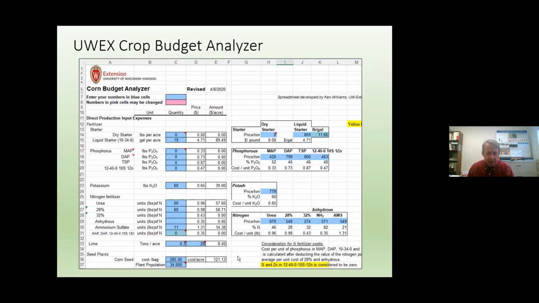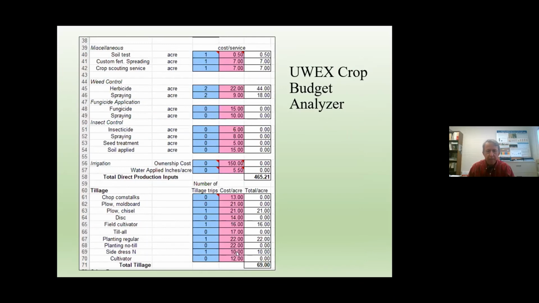Seed, about 34,000 seeds per acre, $285 per bag, gives me $120 on seed. Here I've included some miscellaneous costs for soil testing, again annual costs, custom fertilizer spreading, crop consulting.